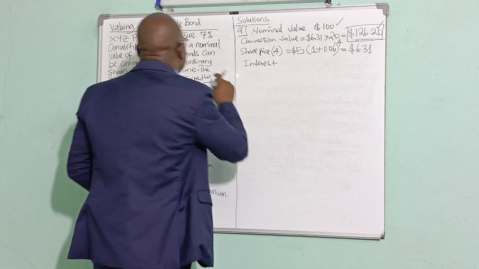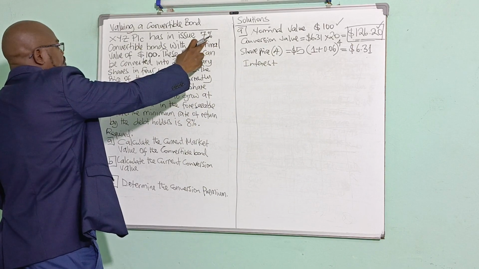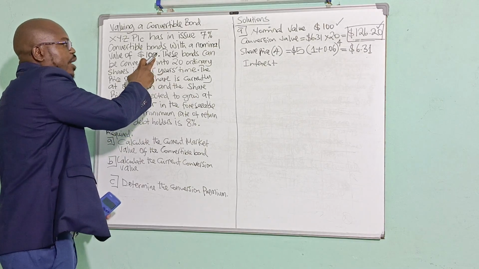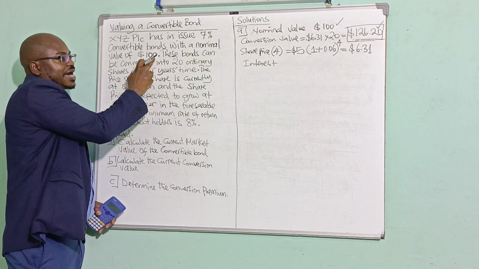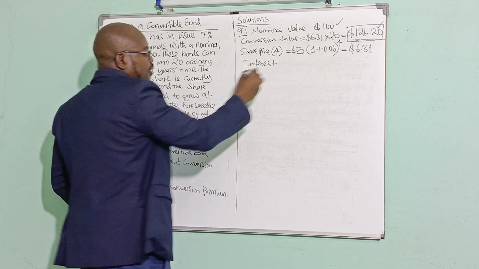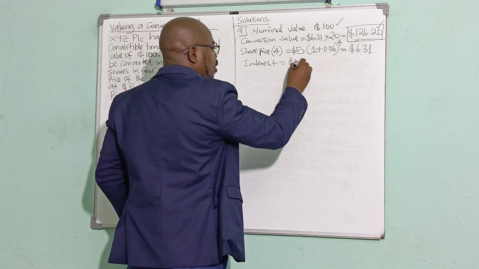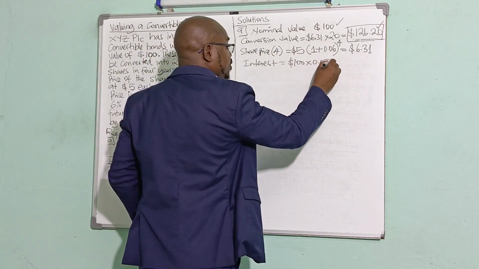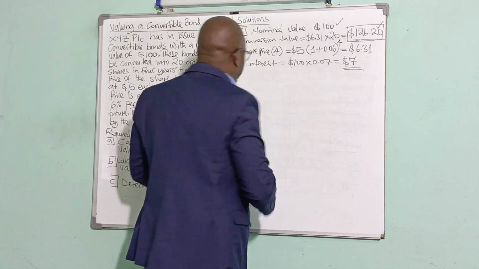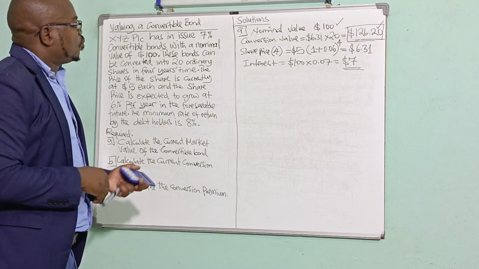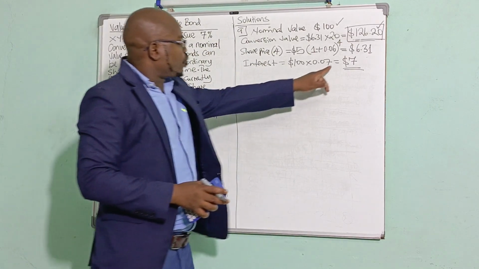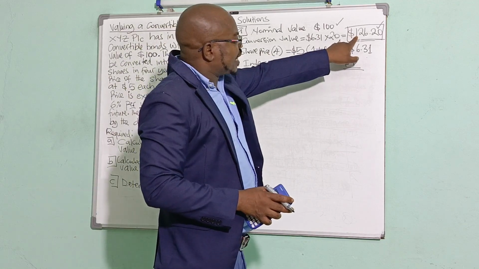Remember, it's a bond with 7%, and the nominal value is $100. So we are paying 7% of the $100 each year for the next how many years? 4 years. All right. So I have $100 here, and then multiply by 0.07, which is the 7%, and then I have $7 here. So for the next 4 years, we'll just pay $7 for the next how many years? 4 years, and then convert at that value.